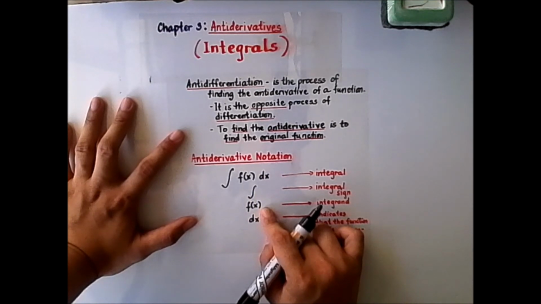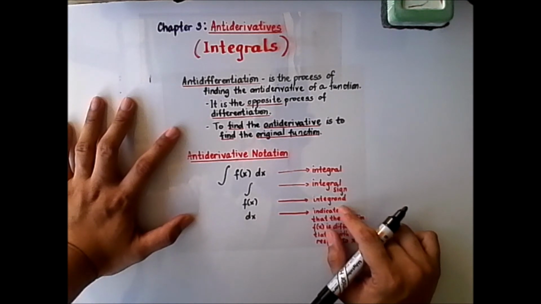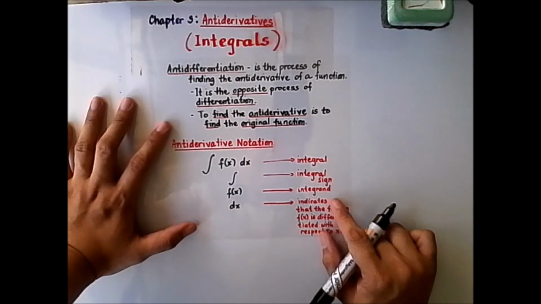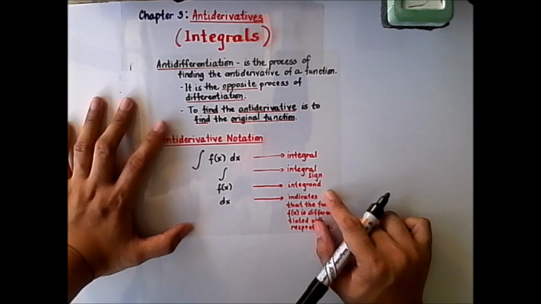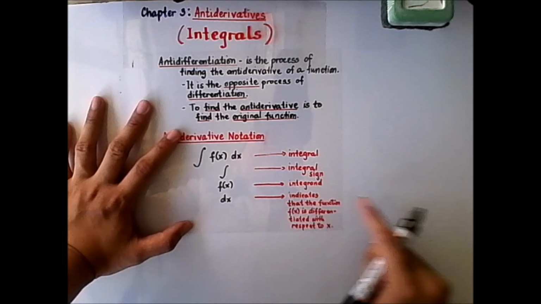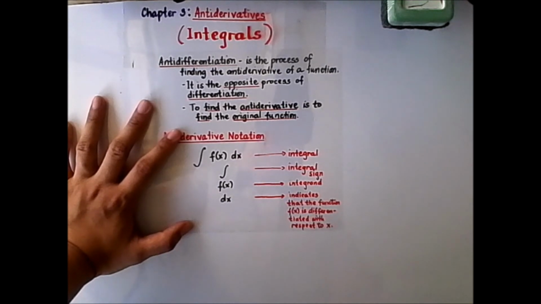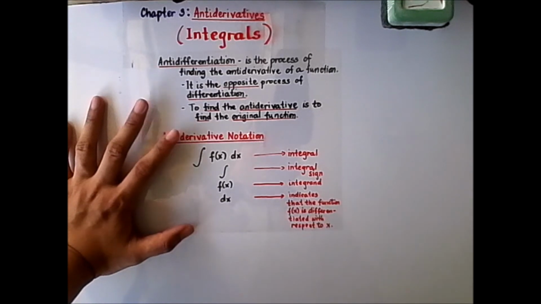Tapos, we have here f of x, which is also known as the integrand. So, ang tawag dyan, integrand. Again, f of x is what we call integrand. And dx here indicates that the function f of x is differentiated with respect to x.